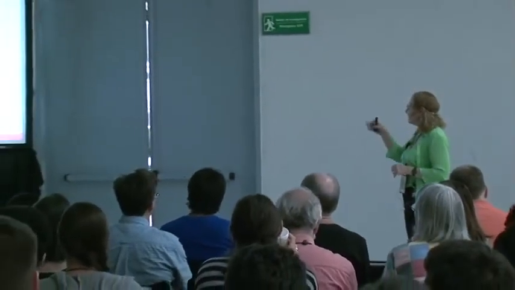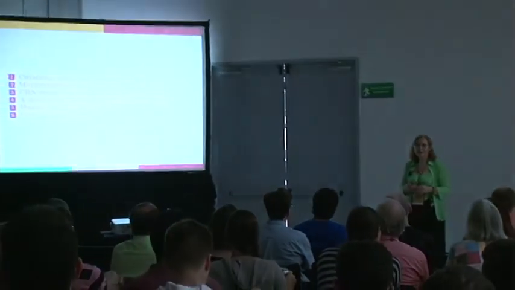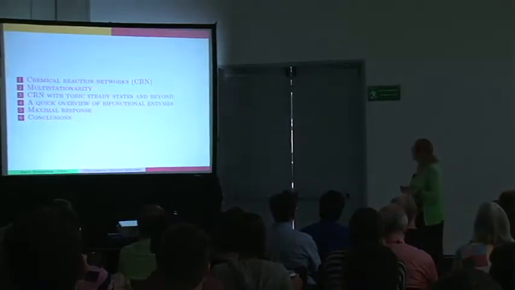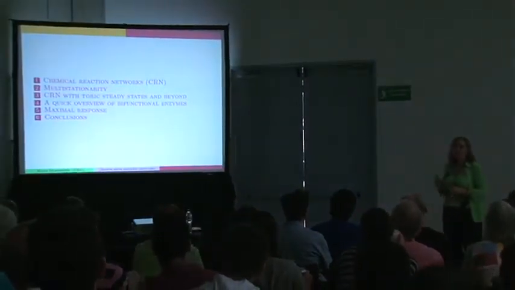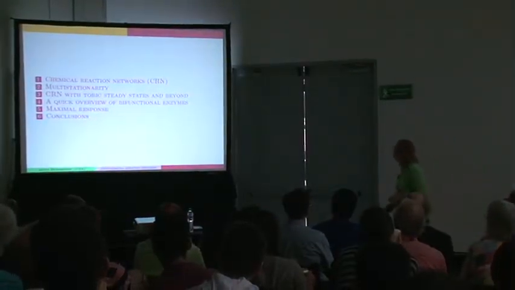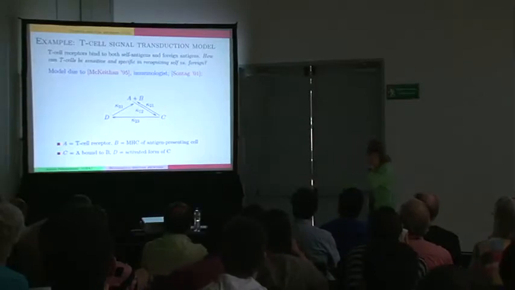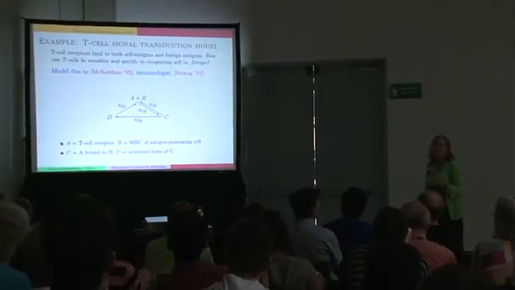And then I will give you just a rough idea of what one can say with these tools concerning bifunctional enzymes. If I have time, I will say a few words about what's called maximal response, and then I will end. Okay, so this is a very simple chemical reaction network, but which is very important.